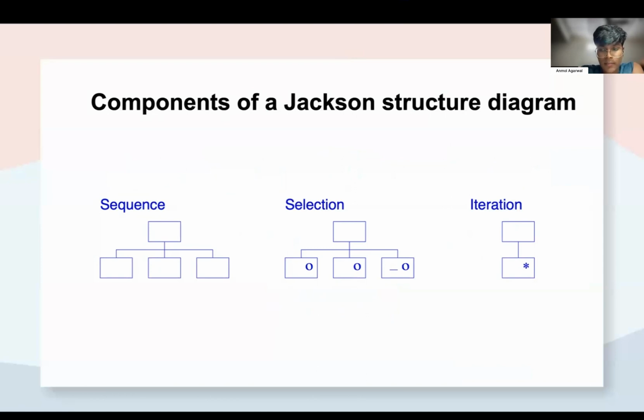Selection is represented by boxes marked with circles. The last one is the default, that is, conditionless or else. Iteration is represented by an asterisk box. These three forms cannot be mixed at a single branch. Basically, these three things are the components of a JSP.